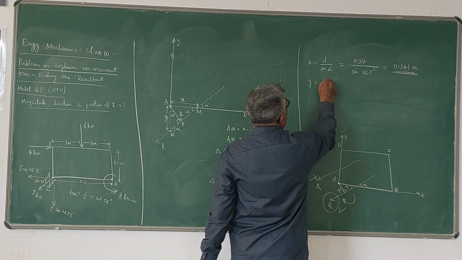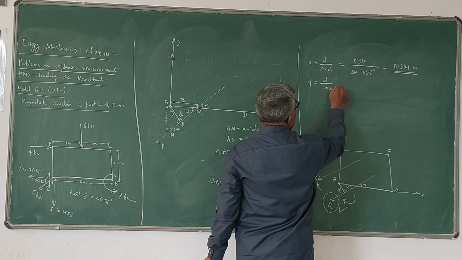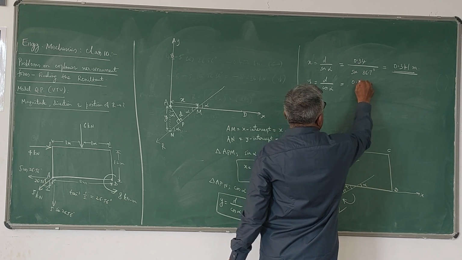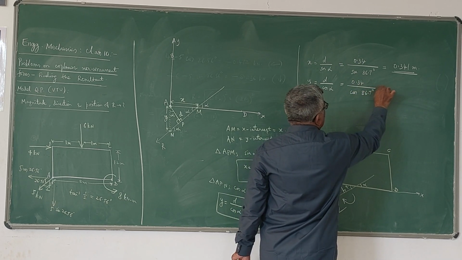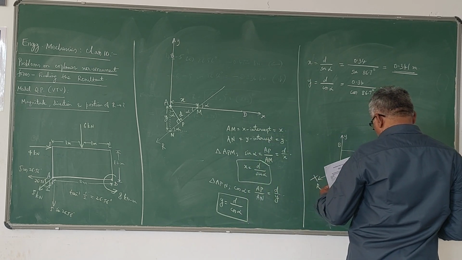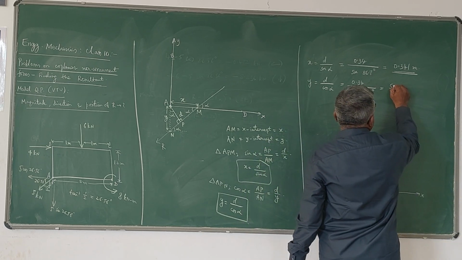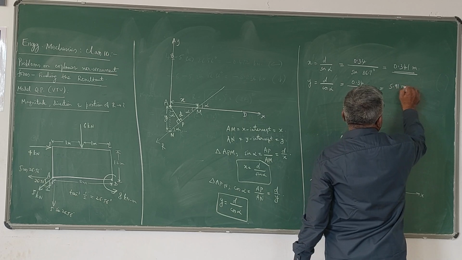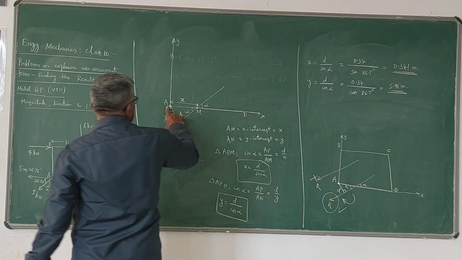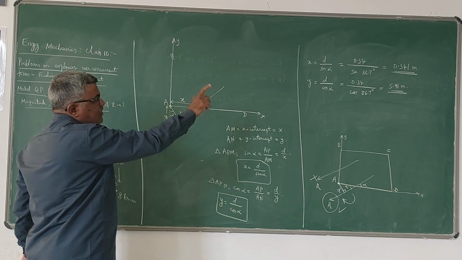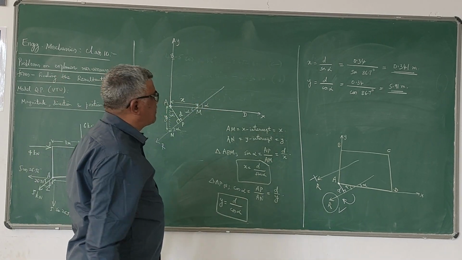And y is D by cos alpha, which is 0.34 divided by cos of 86.7 degrees, which comes out to be 5.91 meters. Anyway, the sketch is not to scale. So this distance is y, this distance is x. These two are called the x-intercept and y-intercept.